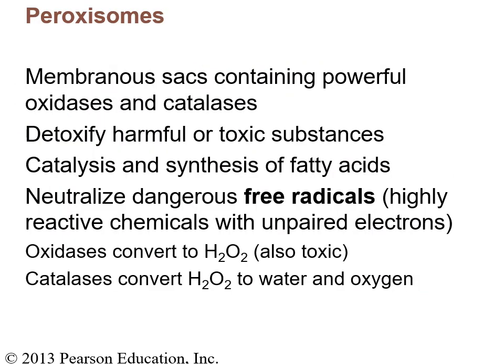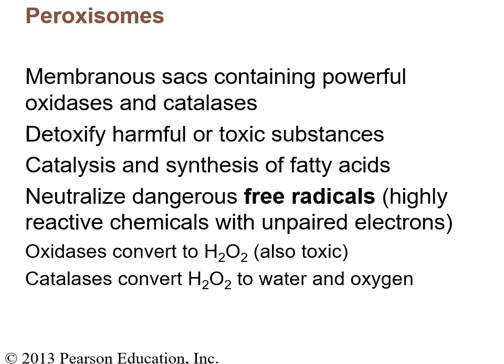Now the next organelle is the peroxisome. These are membranous sacs containing powerful oxidases and catalases. What these do is help to neutralize or detoxify substances that may otherwise damage or injure the cell.